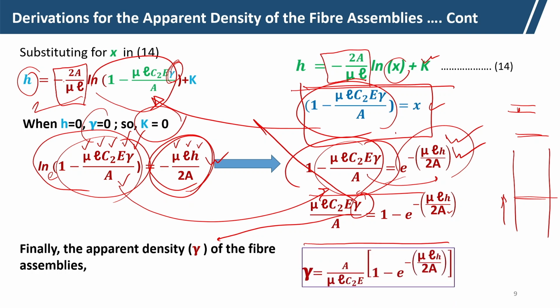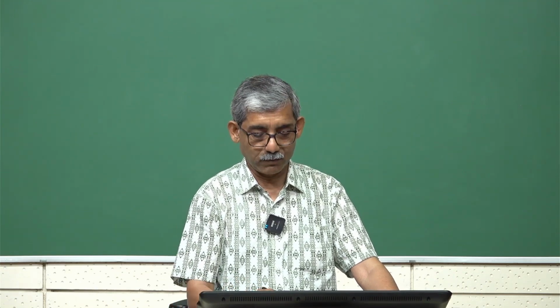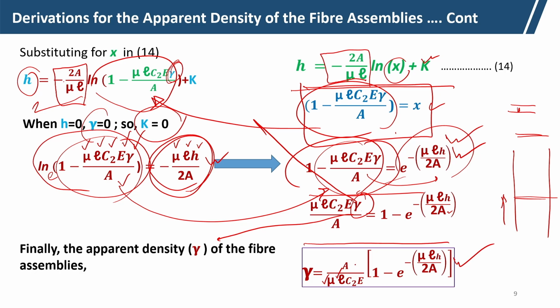We know these values: mu is known, L is known, C2 E can be calculated, and A, the area of cross section, is known here, and 1 minus of everything is known. So, from there we can calculate the apparent density of the fiber assemblies.